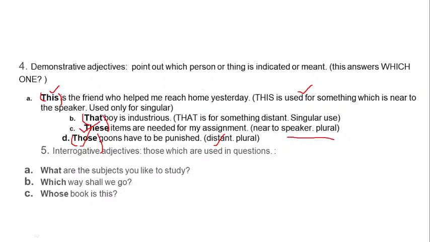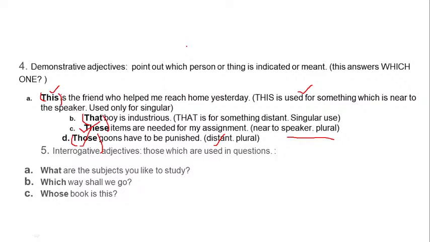Singular use which is near is this and these, and something which is distant from me, I have to point out with that. That will be that for singular use, and plural use will be those. So it demonstrates the noun, which one. It will point out which one.